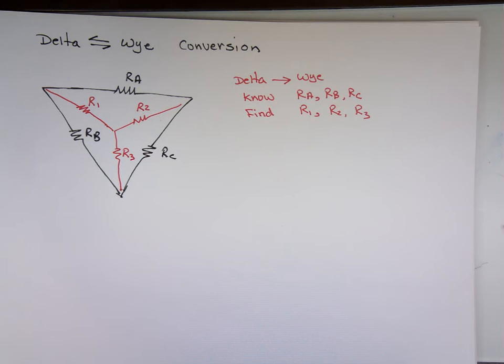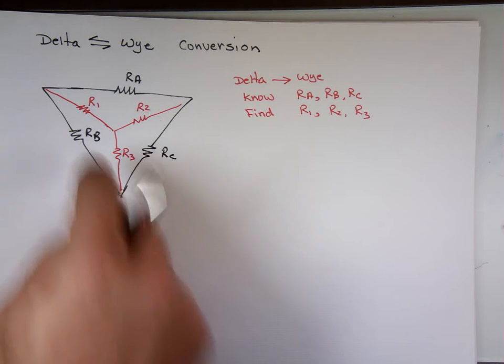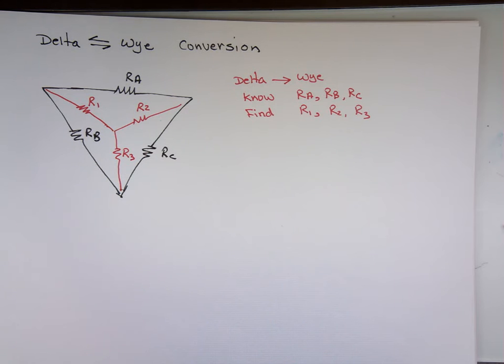It'd be the same for reverse. In reverse, you'll be given R1, R2, R3, and you want to find RA, RB, and RC.